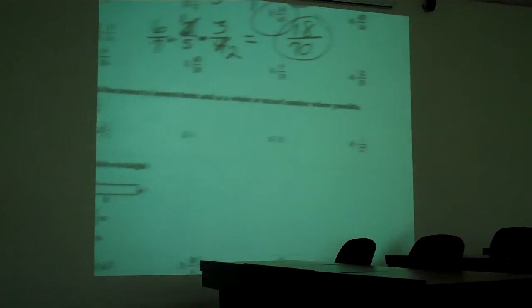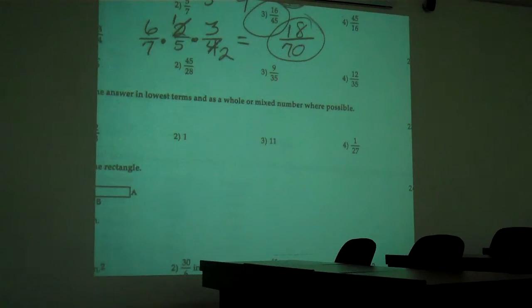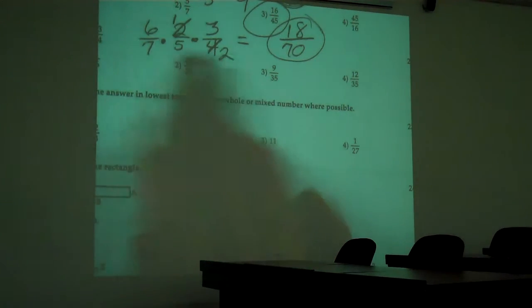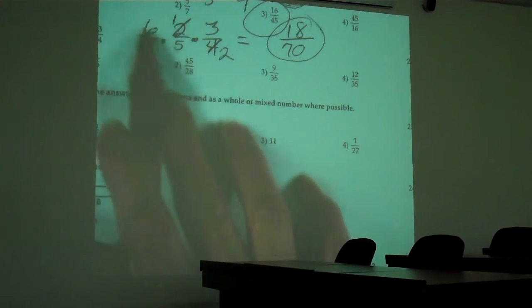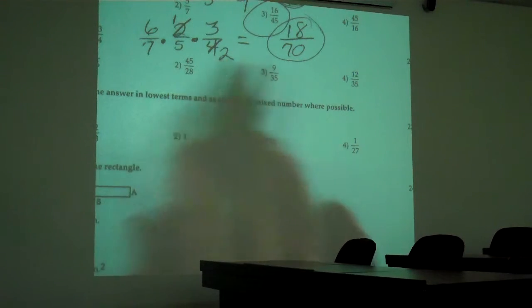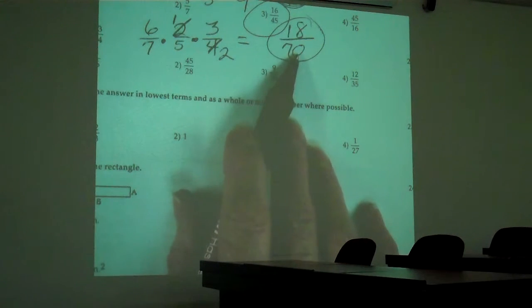18 over 70. I think we could have divided the 2 and 6, huh? The 2 and 2. Right here. We could have done that, because see, we could still divide by 2 here.